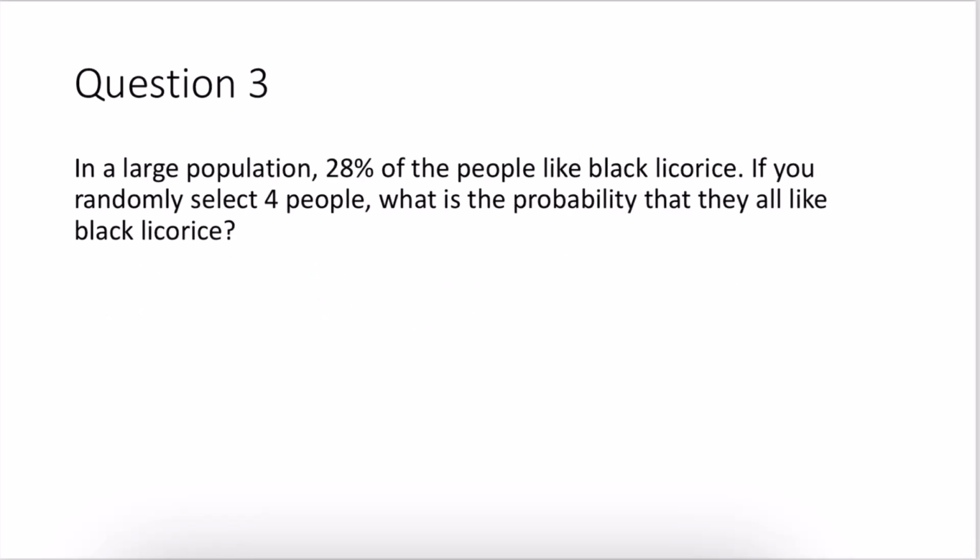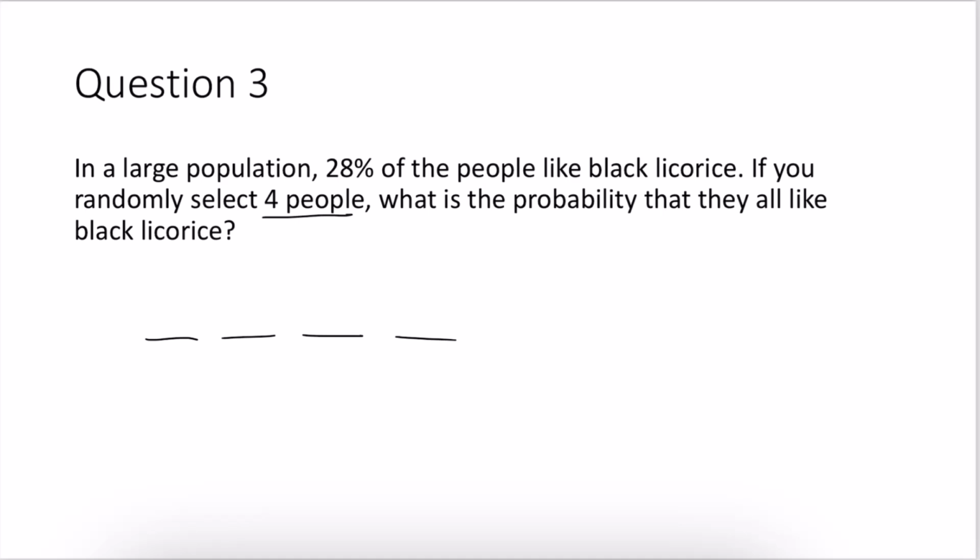On question 3, it says, in a large population, 28% of the people like black licorice. If you randomly select 4 people, what is the probability that they all like black licorice? So again, we're going to have 4 probabilities multiplied together because we're randomly selecting 4 people. And so the question is what are these probabilities?